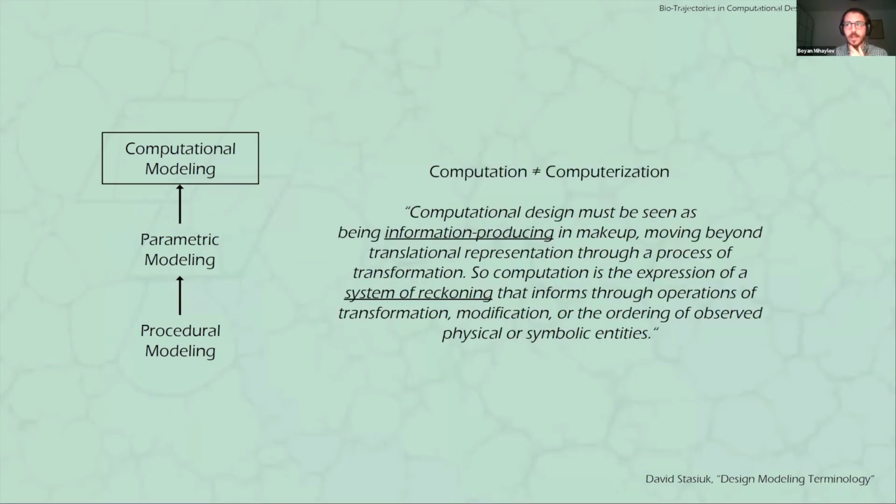Computational modeling is a form of both procedural and parametric modeling, which, however, takes things to another level of complexity.